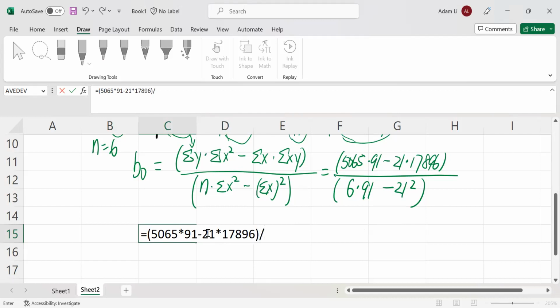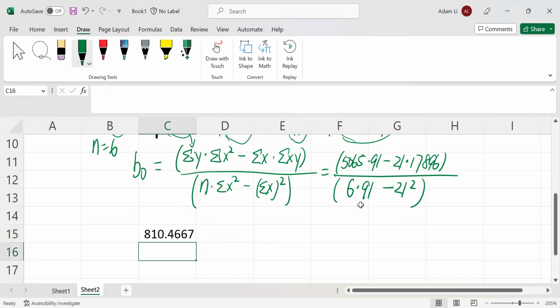That's the numerator, divided by the denominator, which is 6 times 91 minus 21 squared. And that will do it. We're going to get 810.4667. So that's the answer, 810.4667. So that's how you find out the B0.